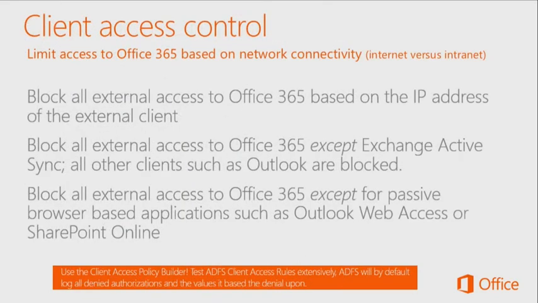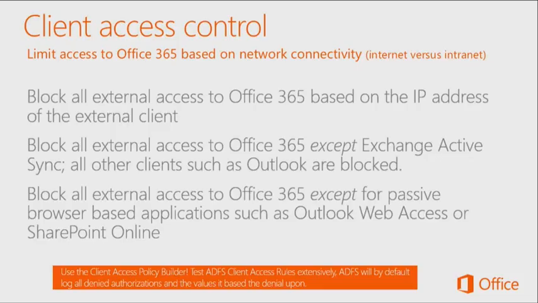Client access control. We can limit access to Office 365 based on network connectivity, internet versus intranet. We can block all external access to Office 365 based on IP address. We can block all internal access to Office 365 except Exchange ActiveSync. All other clients such as Outlook can be blocked. We can block all external access to Office 365 except for passive browser-based applications such as Outlook Web Access or SharePoint Online.